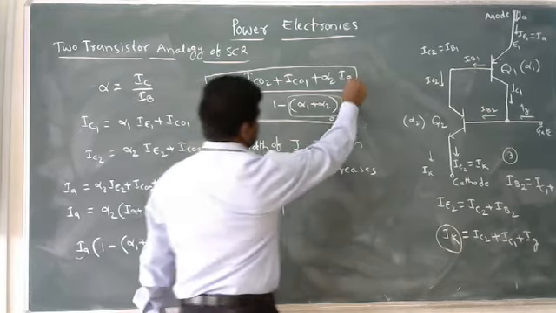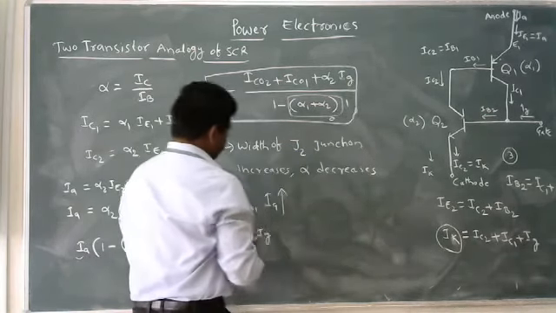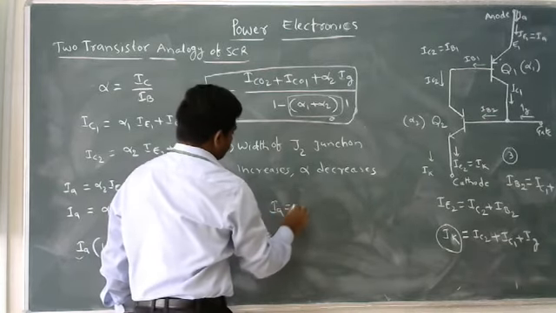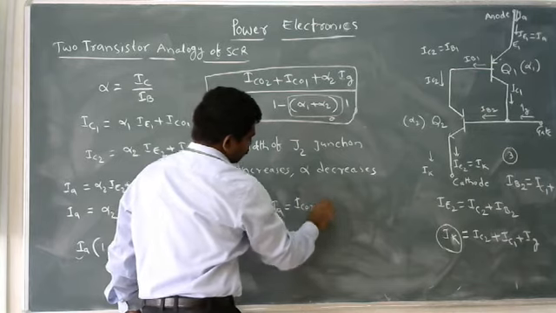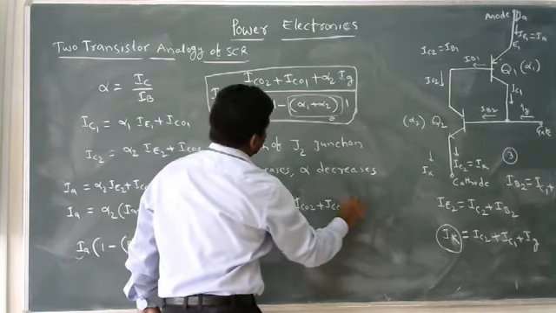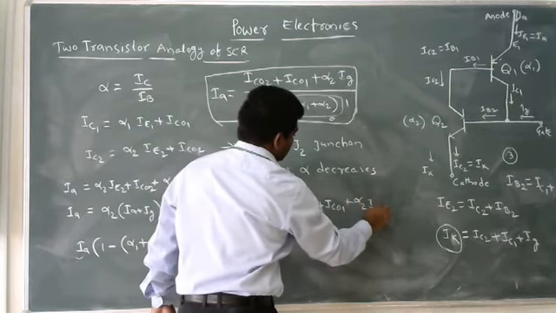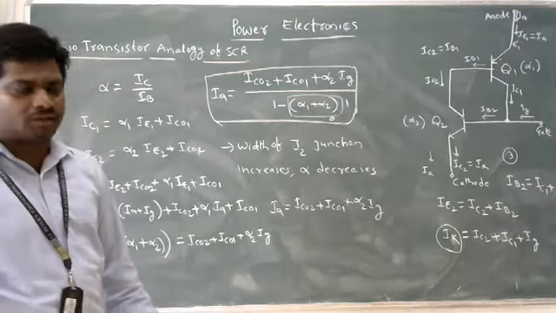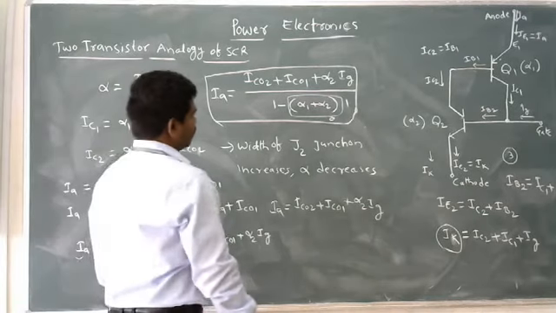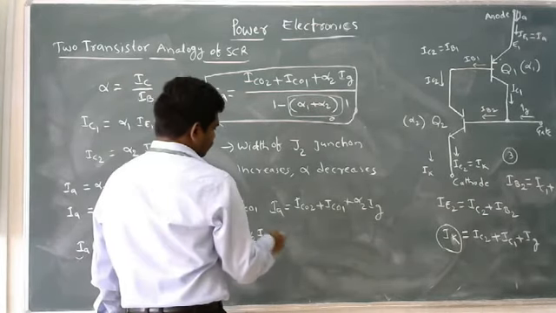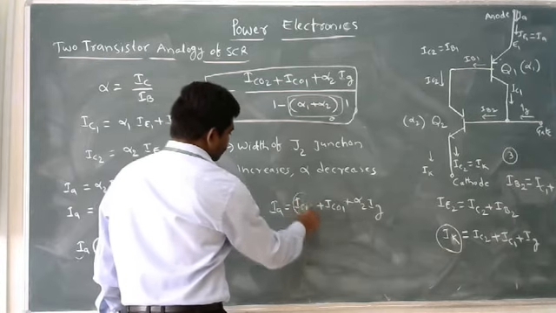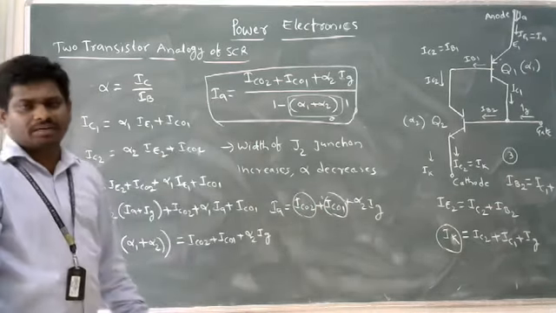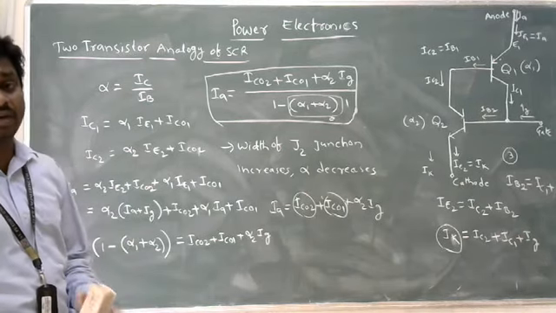So once this IA increases, look at this: IA is equal to ICO2 plus ICO1 plus alpha 2 Ig. This is my equation. After that, as 1 minus alpha 1 plus alpha 2 reaches 0, these two parameters are leakage currents for both transistors Q1 and Q2.